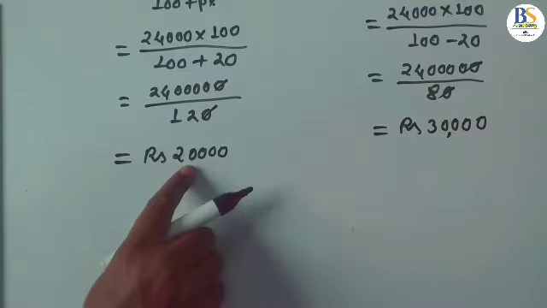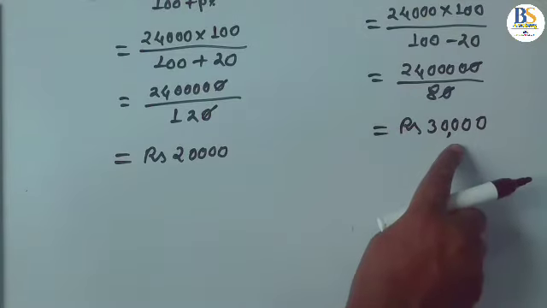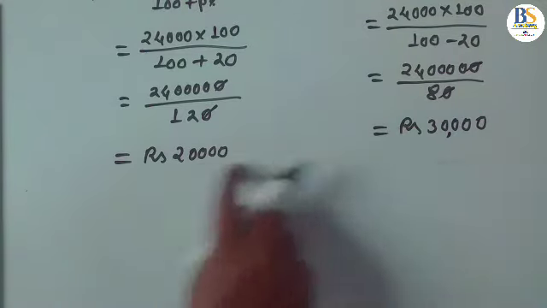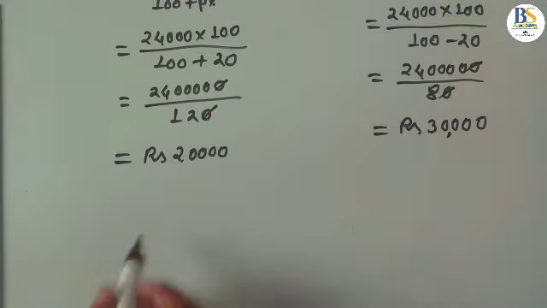This is the CP of one computer and this is the CP of the next computer. If we add them, we get the CP of two computers.